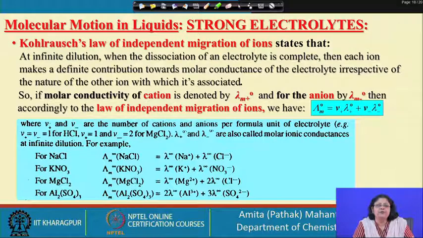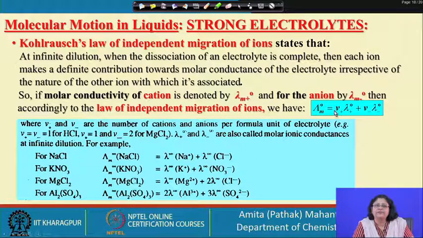Okay. So, if the molar conductance of an ion is denoted by, say, lambda plus naught for infinite dilution for the cation, and similarly for the anion, then according to the law of independent migration of ions, the total molar conductance of the solute will be nothing but the summation of the contributions from the molar conductance of the anion as well as the cation.